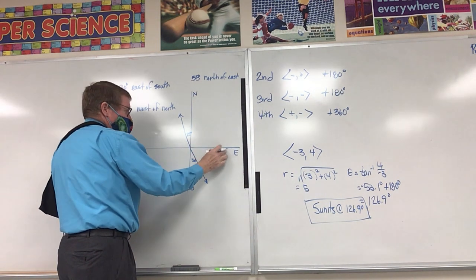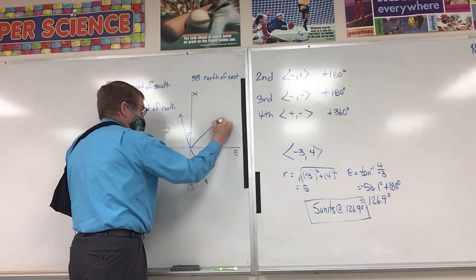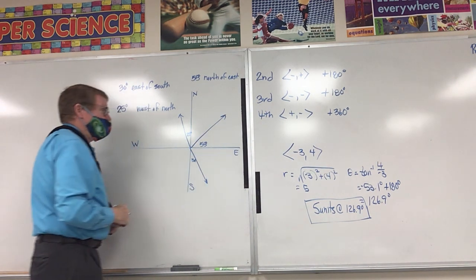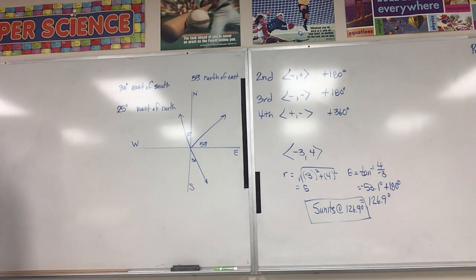We're going to start at east, and we're going to go 55 degrees north of east. So again, the directions will tell you exactly how to go. North of west: starting at west, you're going north of that. East of south: you start at south, you're going east of that. And so on. They will tell you.